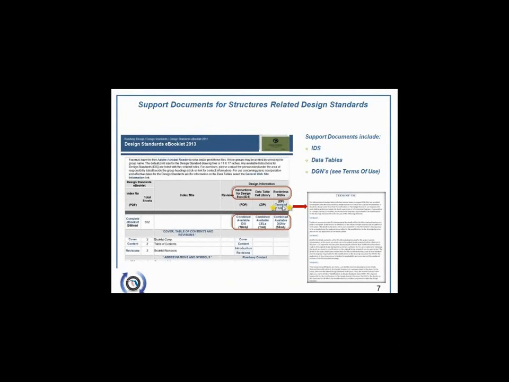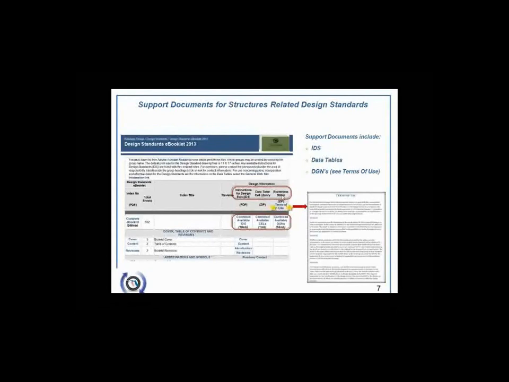If you look here, the terms of use under the borderless DGNs, these are provided for certain instances where modification to the design standards is necessary, and these terms of use should be followed. And we provide 3 methods, and this is to provide consistency throughout the state on how these are inserted into the plans. So please take a look at those if you use the borderless DGNs.